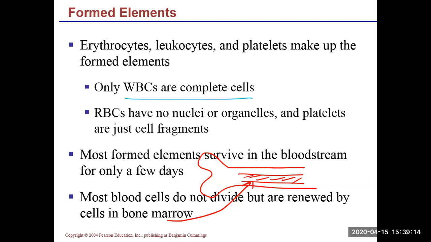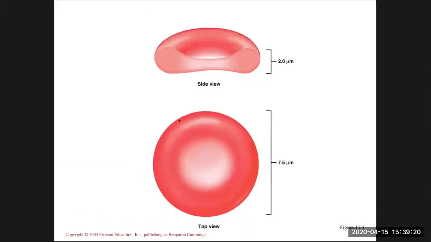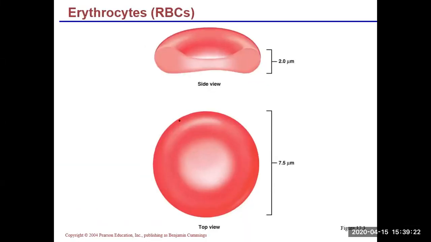Let's go ahead and take a look at the shape of the red blood cells. The red blood cells, as you know, are biconcave. Look at the concavity, one side and two sides right over here. So this is a top view. They did a cut right in the middle, and this is from the side view.